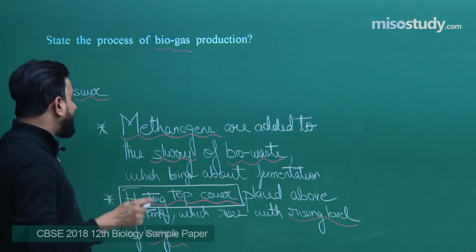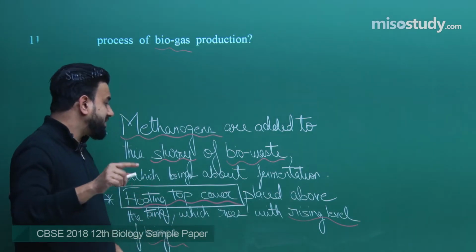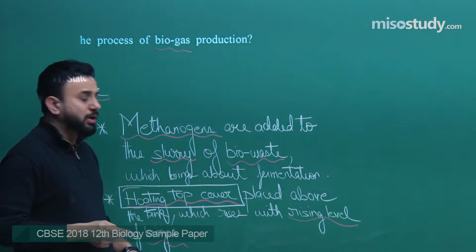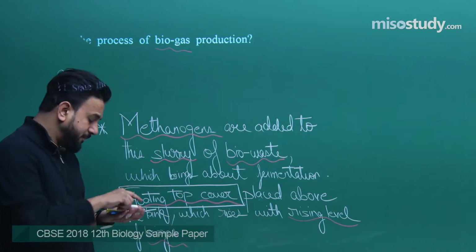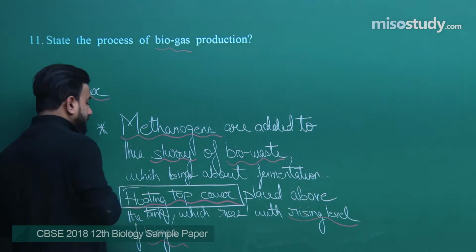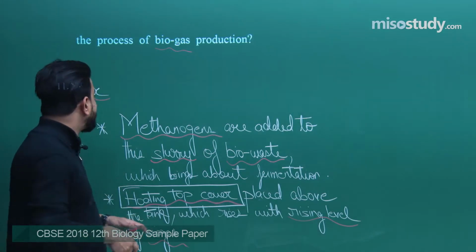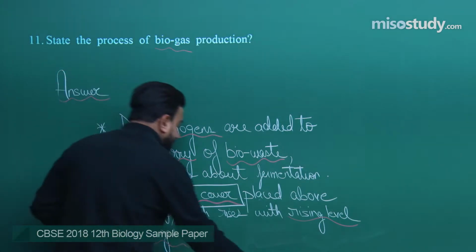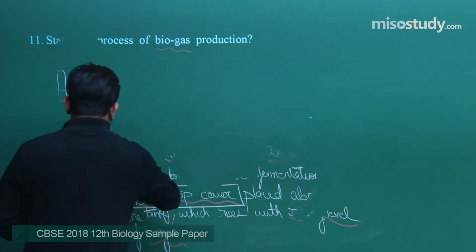Right. So a floating top cover is placed above the tank, which rises with the rising level of the biogas. And then what else do we see? We see that the pipelines are added. So I'm writing the third point here itself.